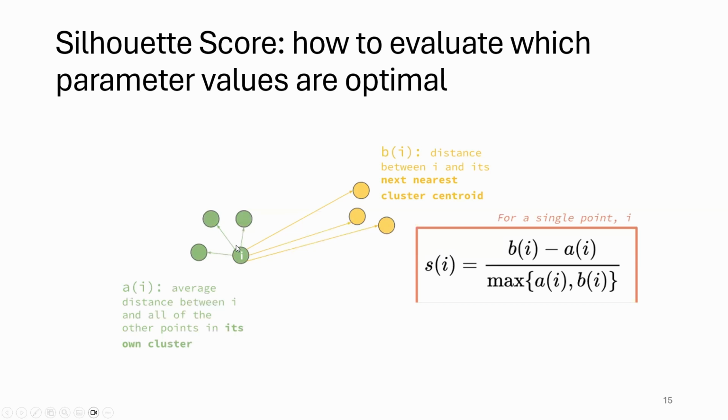You can imagine if clusters are tight and far away from other clusters, the first number will be small and the second number will be big. It's just combining those two values and then normalizing. The most important thing is that if it's close to -1, then it's poorly clustered, and 1 means good clustering.